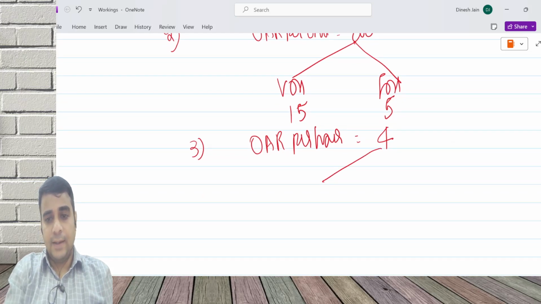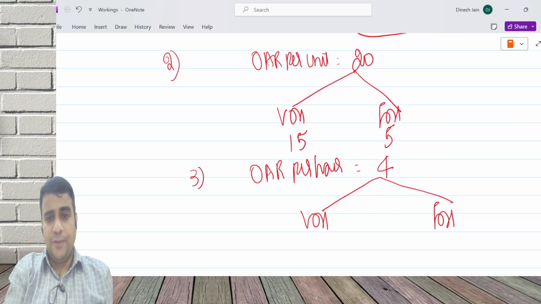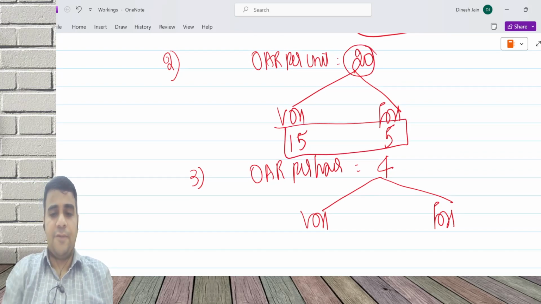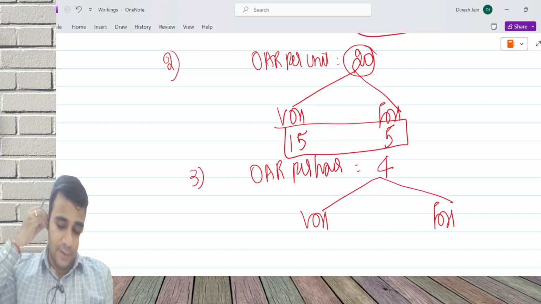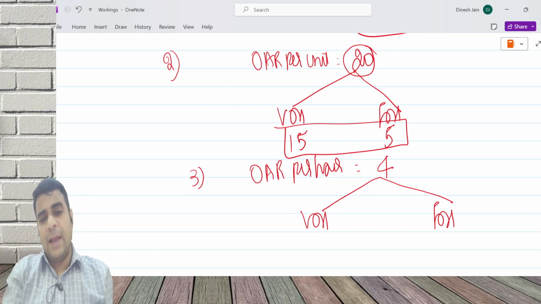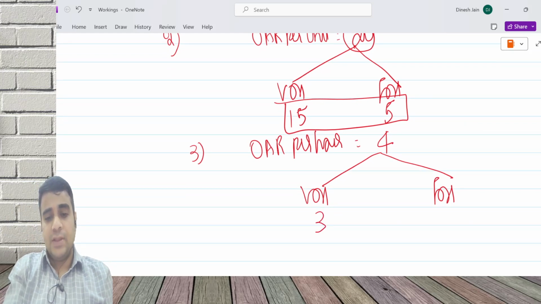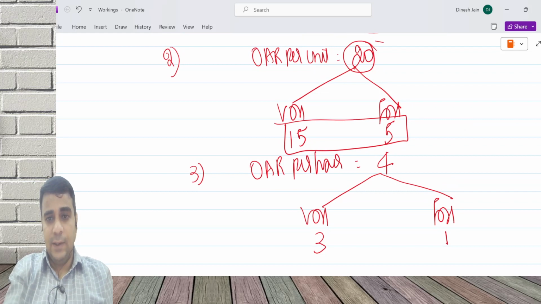The breakup of that is VOH and FOH. If 20 is bifurcated as 15 and 5, then 4 will be bifurcated as 3 and 1, because in place of 20 rupees per unit you have 4 rupees per hour.